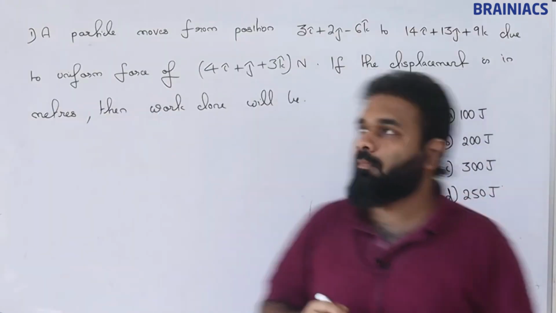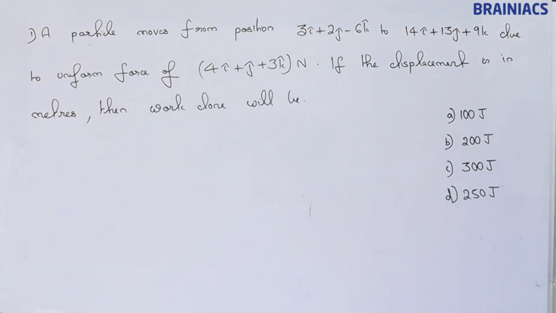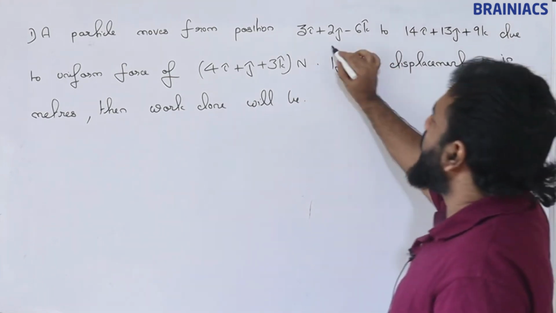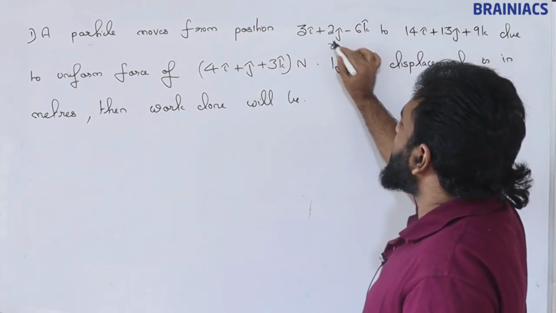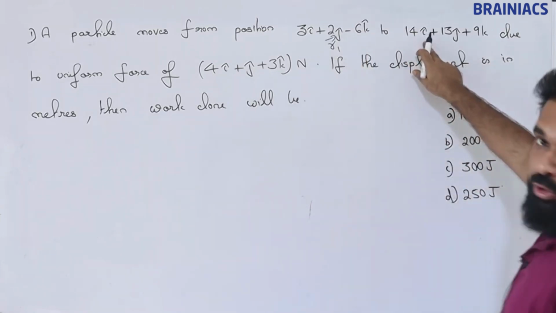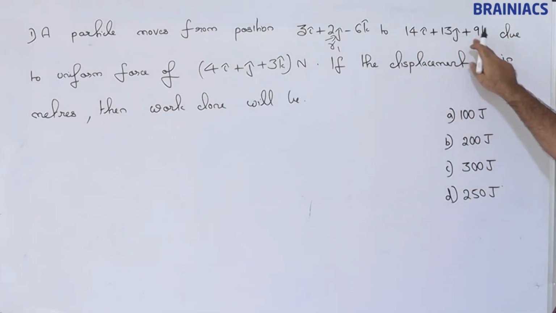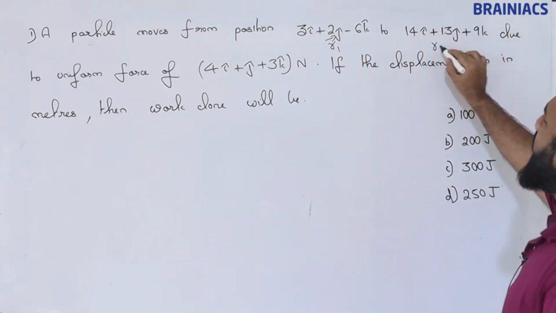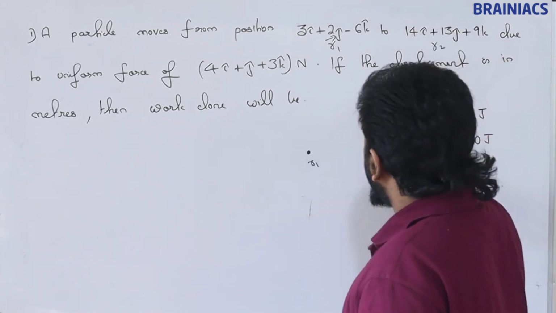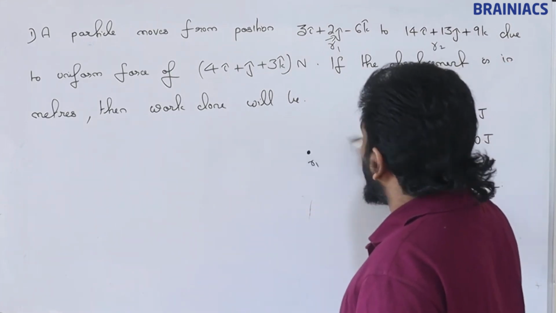Take this question. A particle moves from position 3i plus 2j minus 6k. So from this position we can say this as position vector r1 to another position 14i plus 13j plus 9k. So suppose if this is the position r1, this is another position r2.